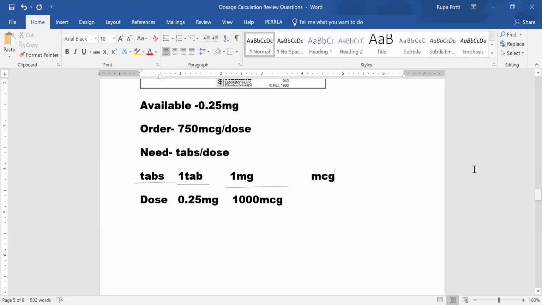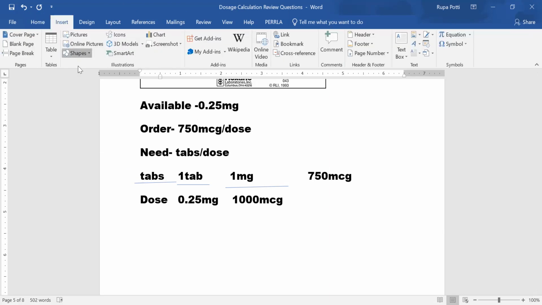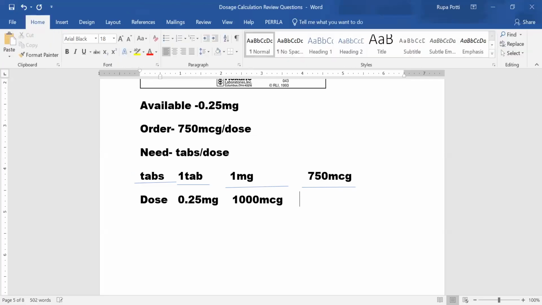And what is the number that is associated with micrograms? It is 750, right? And that 750 micrograms is nothing but per dose. So now I used up all my numbers.